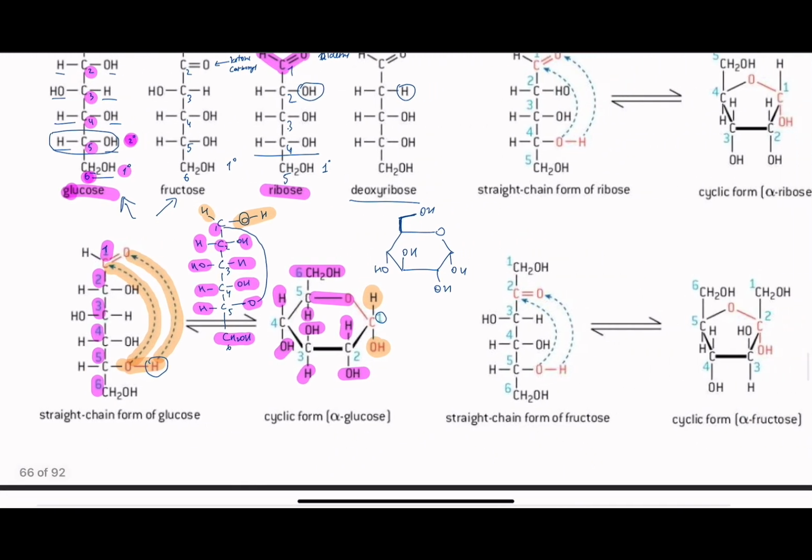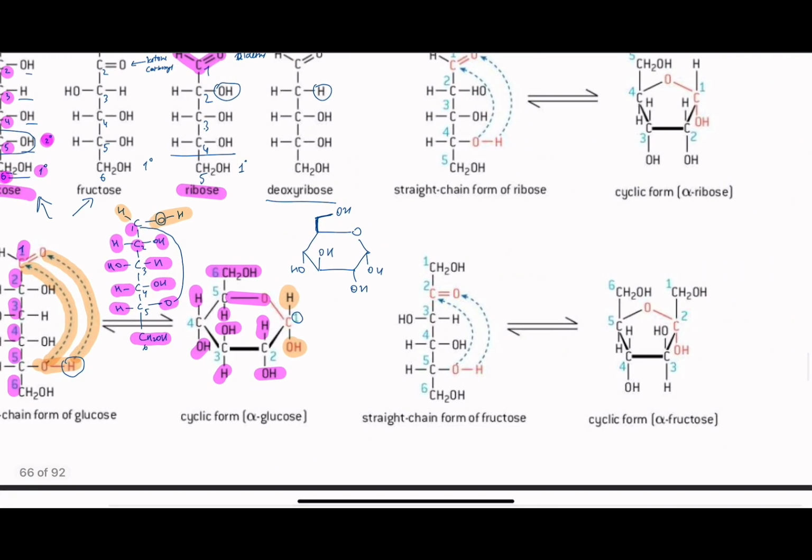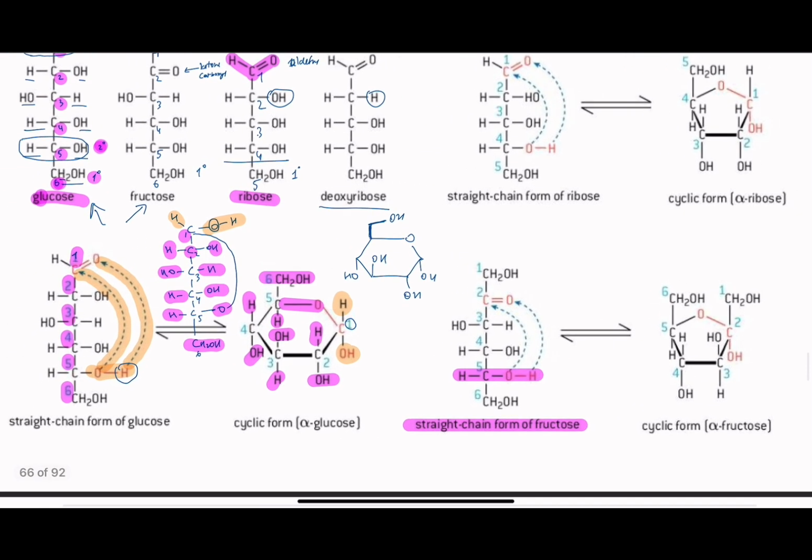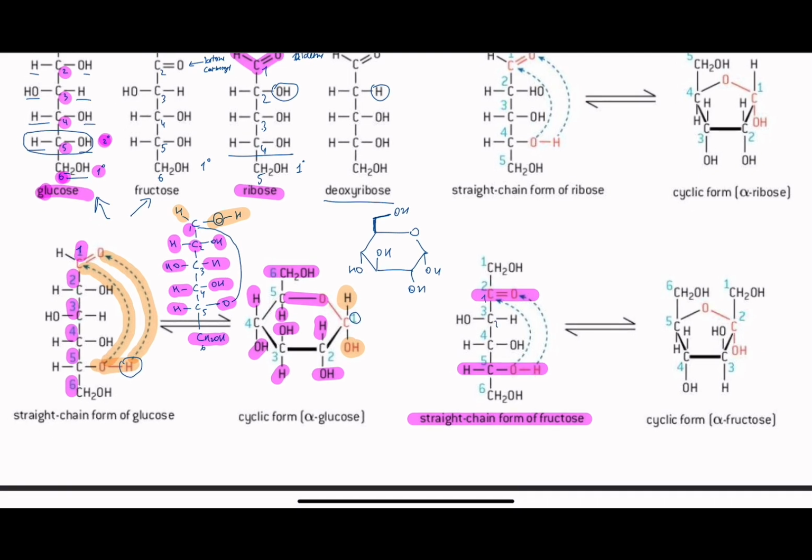So this is your glucose. Now, I can do the same thing with fructose. You see, in fructose, on this side, the fifth carbon went this time to the second carbon, and our cycle will be made from 1, 2, 3, 4, and 5 elements.